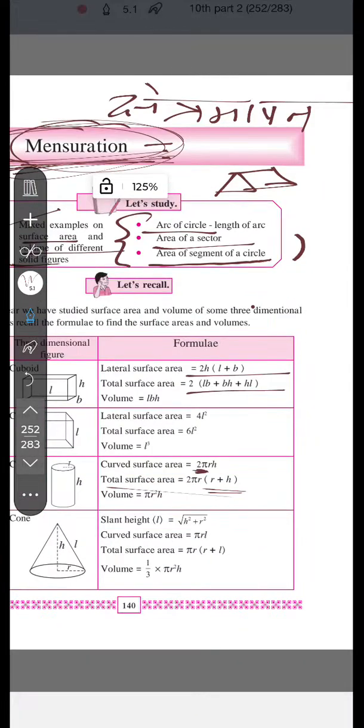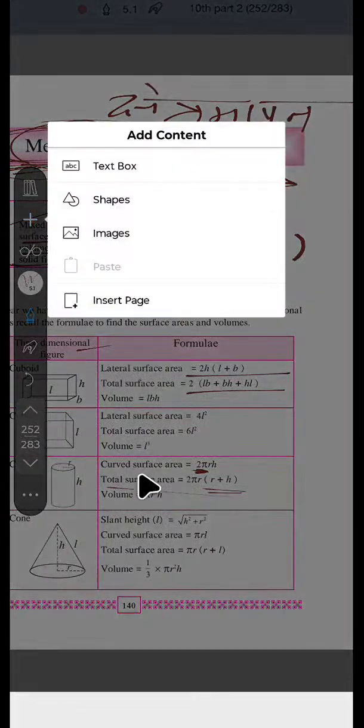Okay, now let's talk one by one about the other formulas of mensuration. You can see the cuboid is there. Now what is a cuboid?